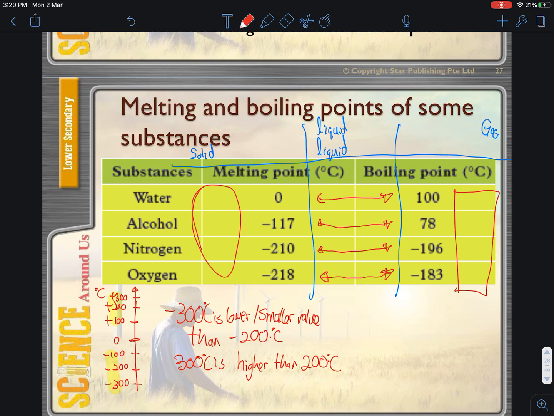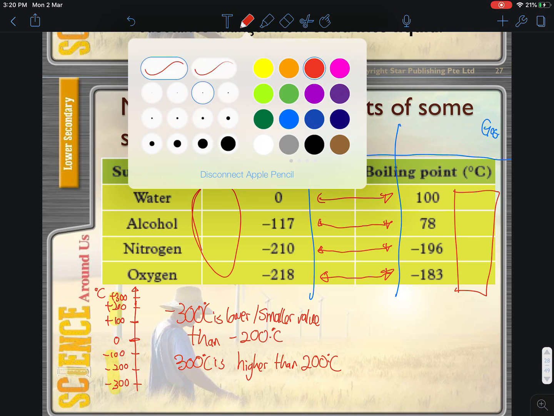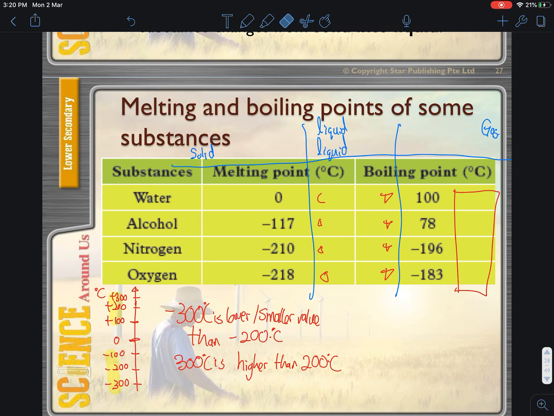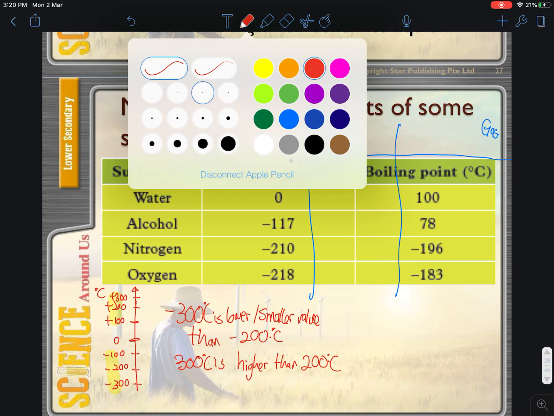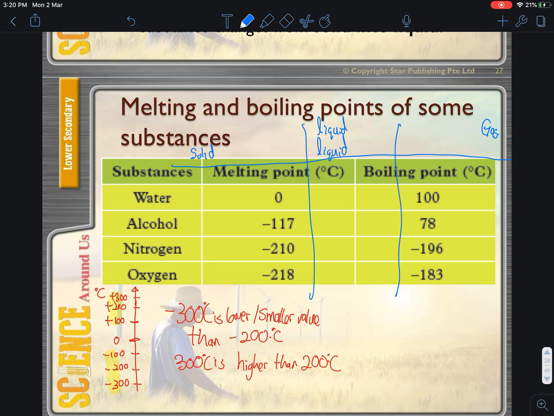Okay, so let's do a simple exercise. Let's say the temperature is 24 degrees Celsius, what is the state? In an exam, you just identify, is 24 degrees Celsius below 0 degrees Celsius? Is it between 0 to 100, or is it above 100 for water?